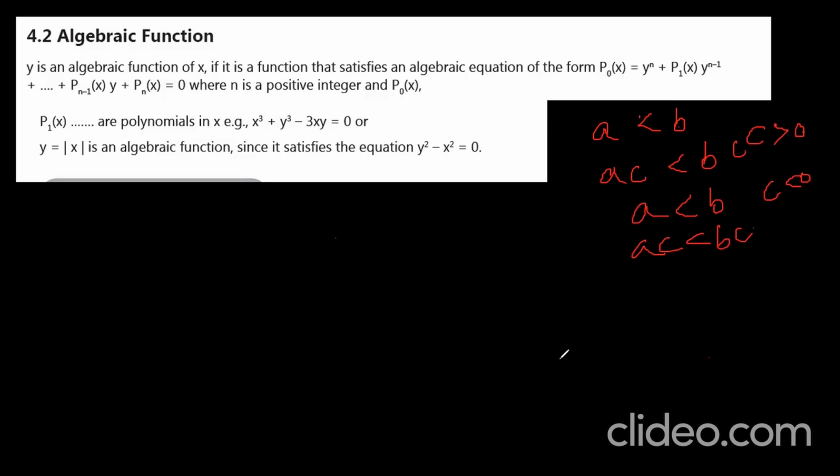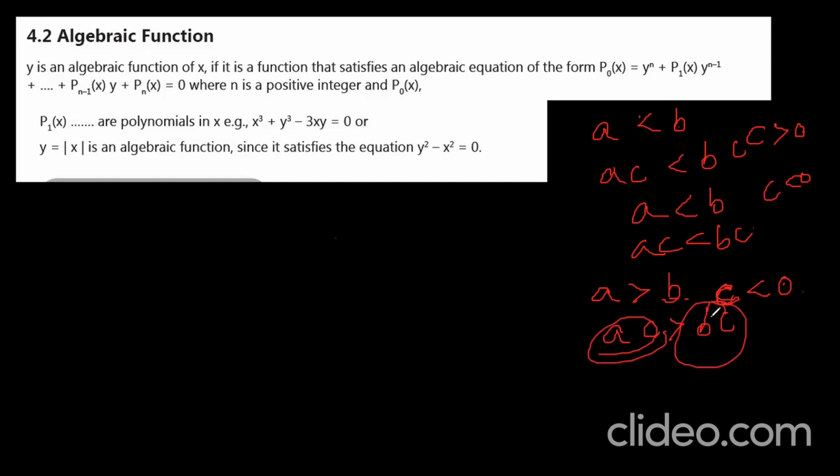Okay. a greater than b, I am taking the other one. a greater than b, c less than 0. What happens? Then should ac be greater than bc or less than? a greater than b I am taking, c less than 0. So it is going to make it total negative, right?